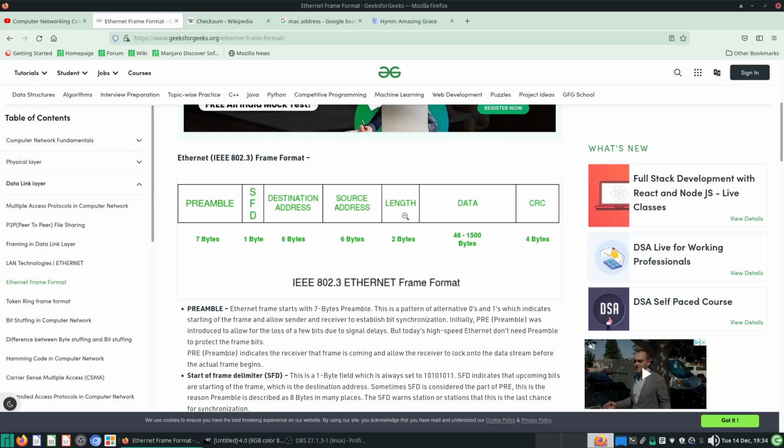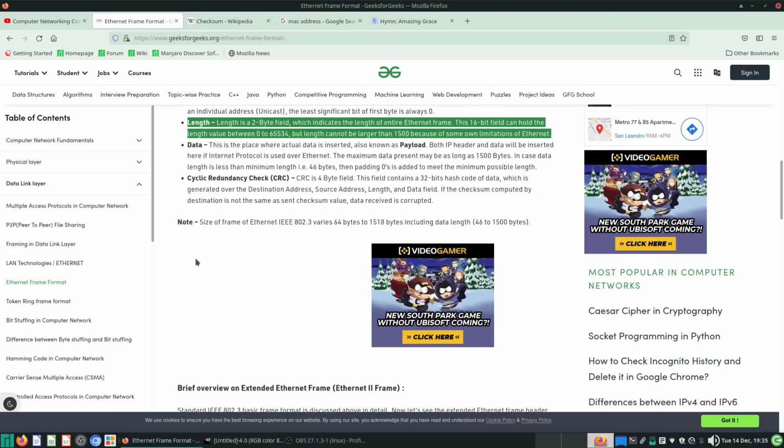So this length will tell the postman when to stop reading the data. But length doesn't need that much of an explanation. It just tells you how many ones and zeros, how many bytes the data has. That's all. This is length plus data. And then lastly, what is this CRC?